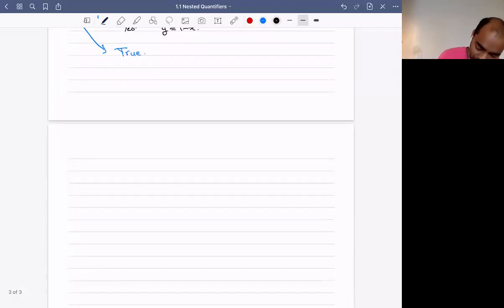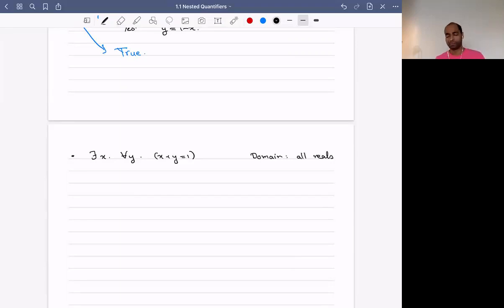Okay, let's do the last one, which is there exists x such that for all y, x plus y equals 1. And again, let me put the domain on reals. Now we read this as there exists an x such that for all y, x plus y equals 1.